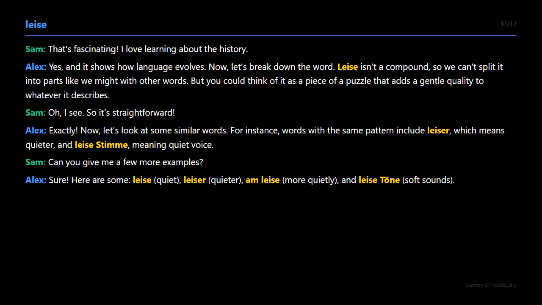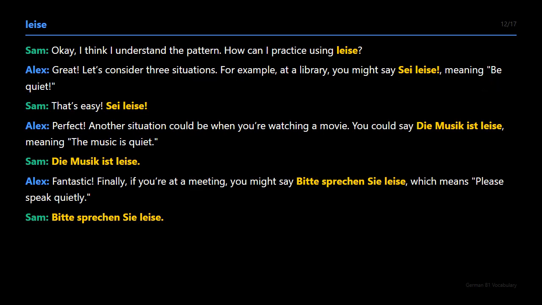Here are some. Leise, quiet, leiser, quieter, am leisesten, most quietly, and leise Töne, soft sounds. Okay, I think I understand the pattern.